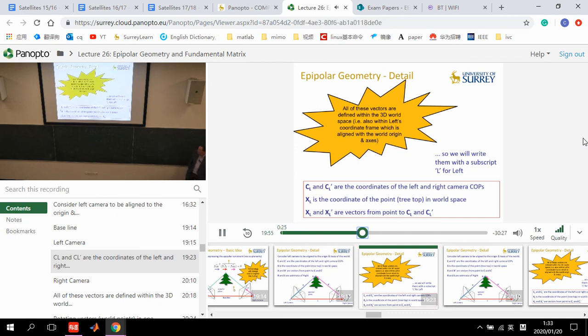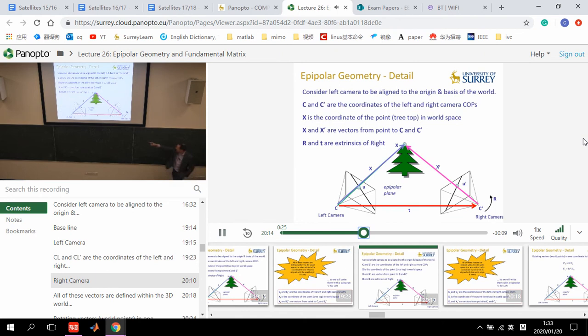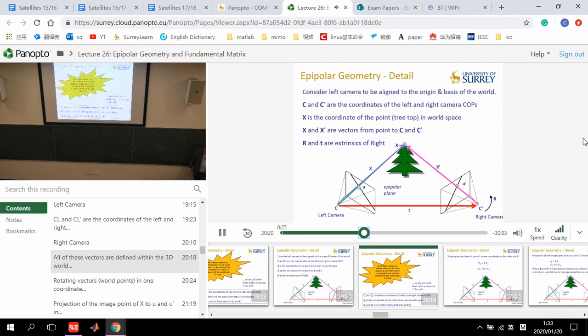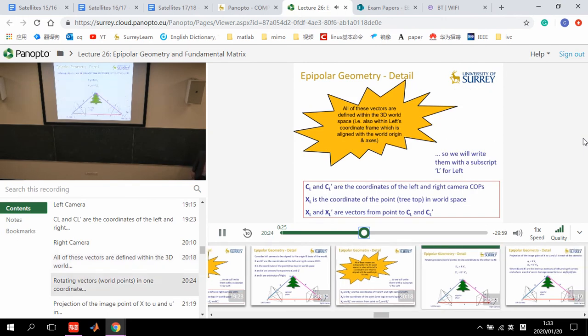And if I put subscript R, I'm talking about the coordinate system of the right-hand camera. So C_L and C prime_L are the coordinates of the left and right camera centers of projection. On the previous slide, with this new notation, I'd write C_L and C prime_L, and in fact for all of these I'd write subscript L, because I've described them with respect to the world coordinate system and therefore the coordinate system of the left-hand camera.